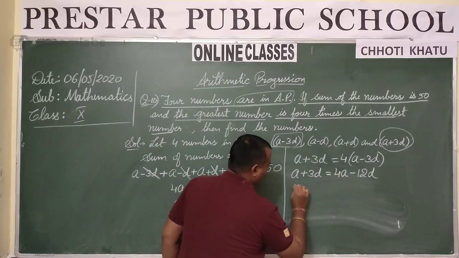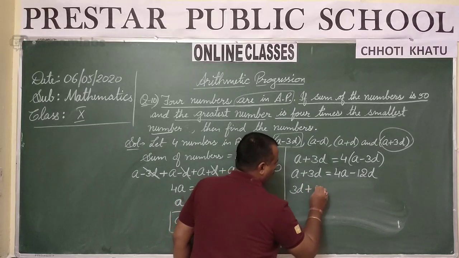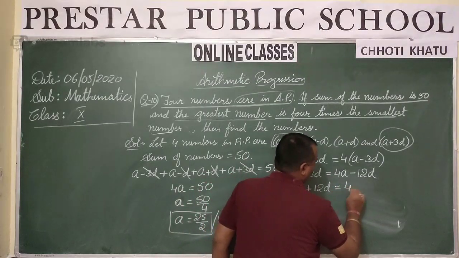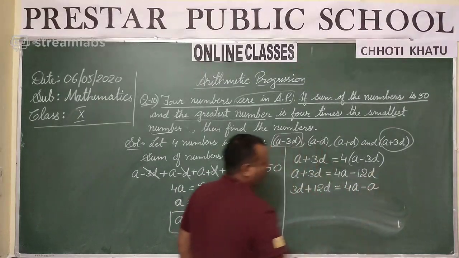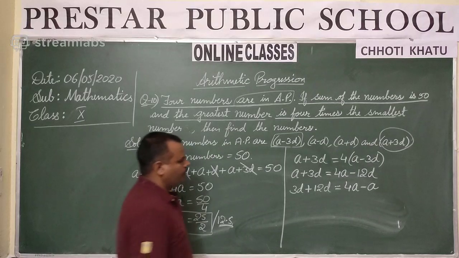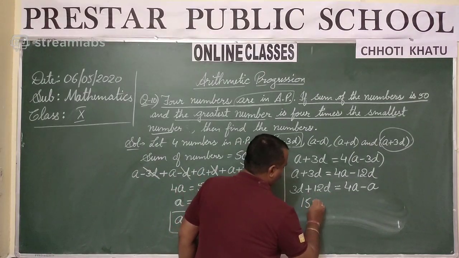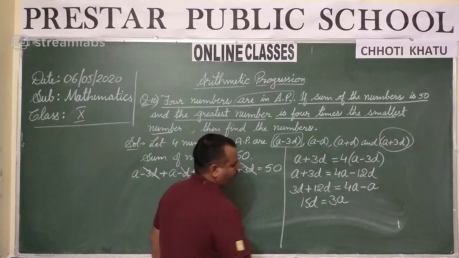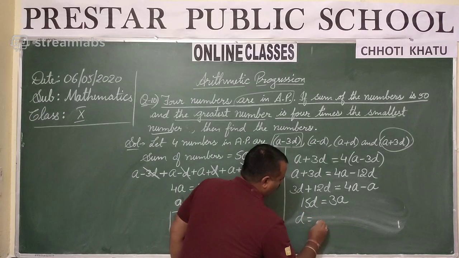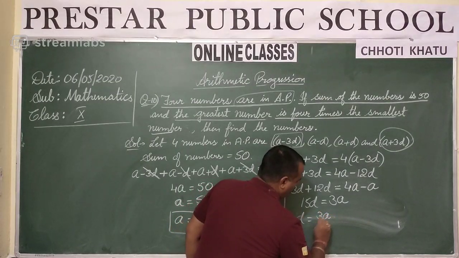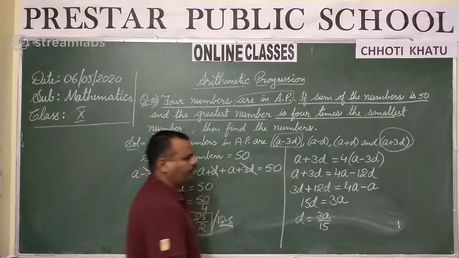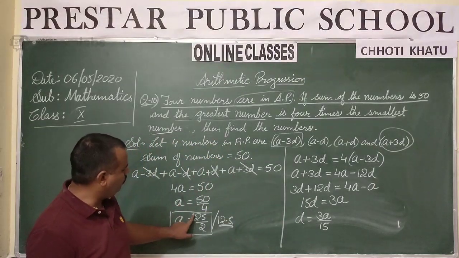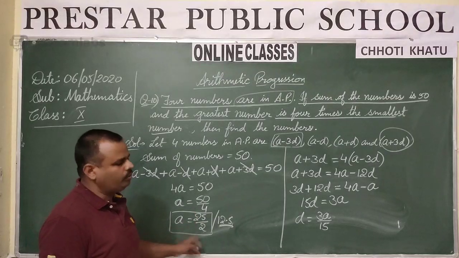Transposing the terms, you have 3D plus 12D equals 4A minus A. So here it is 15D equals 3A, and D equals 3A upon 15.